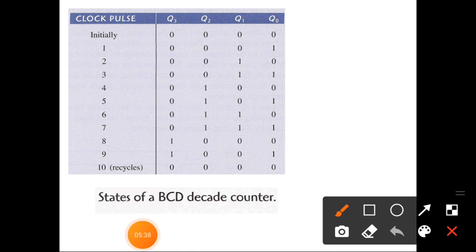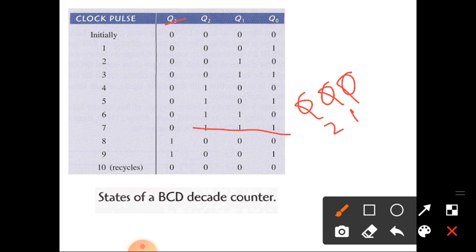the next case, when Q3 changes. Q3 changes when Q2, Q1 and Q0, all these three are 1. Then Q3 changes from one state to another.